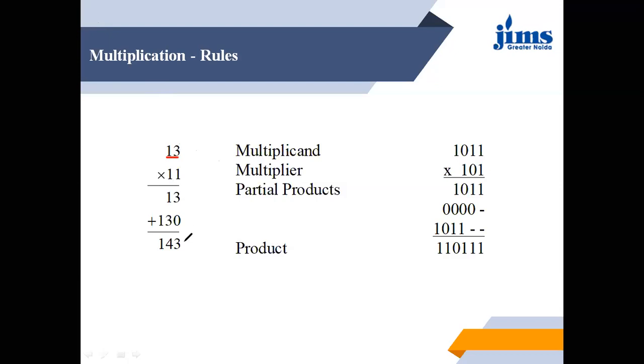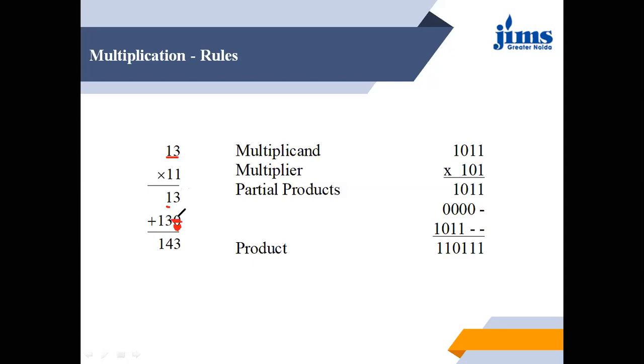These are the partial products. When I multiply 3 by 1, this is 3, and 1 multiplied by 1 is also 1. So again, keep this in mind, that for the next row we are not using the first bit; its value is 0.